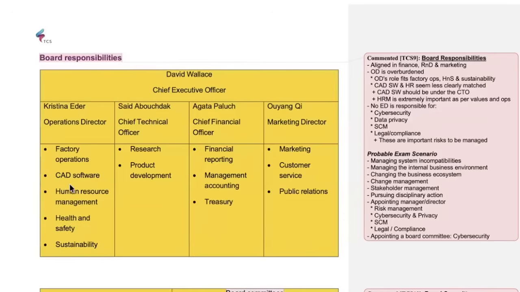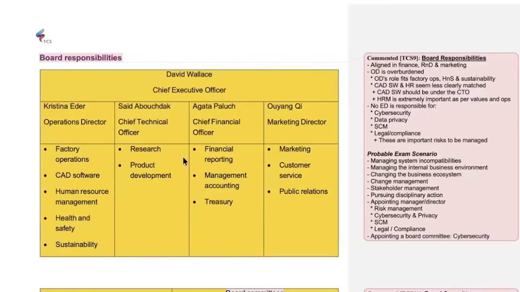And especially looking at CAD software, it raises the question as to whether CAD software should actually be under the operations director or the CTO. Because when you look at the CAD software, as I mentioned earlier, you need to keep changing the CAD software to make it as user-friendly as possible. So that is what should be achieved when it comes to research and development initiatives.